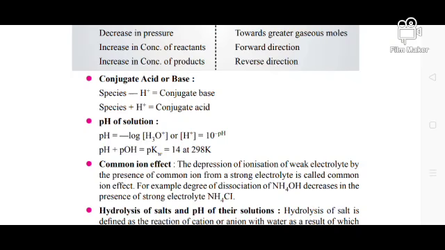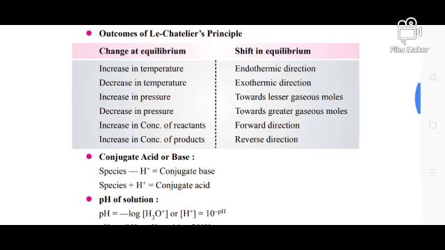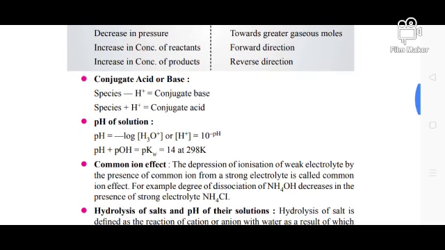When we increase the concentration of the reactant, the reaction occurs in the forward direction, and when we increase the concentration of the product, the reaction occurs in the backward, that means the reverse, direction. So this is a general idea about how Le Chatelier's principle helps to predict the shift of equilibrium.